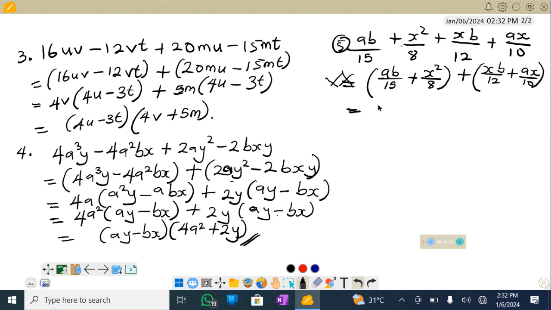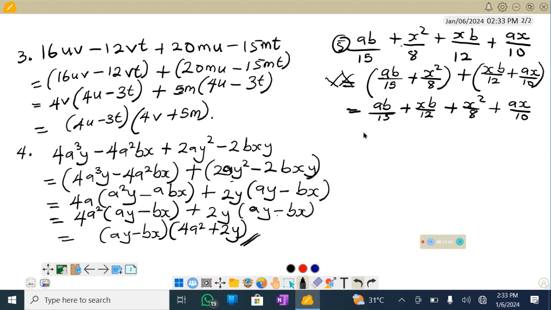So we rearrange that to AB over 15 plus XB over 12 plus x squared over 8 plus as over 10. So you can see that sometimes when you just group immediately, you might not be able to have anything that is common. So which will take you back to your work.